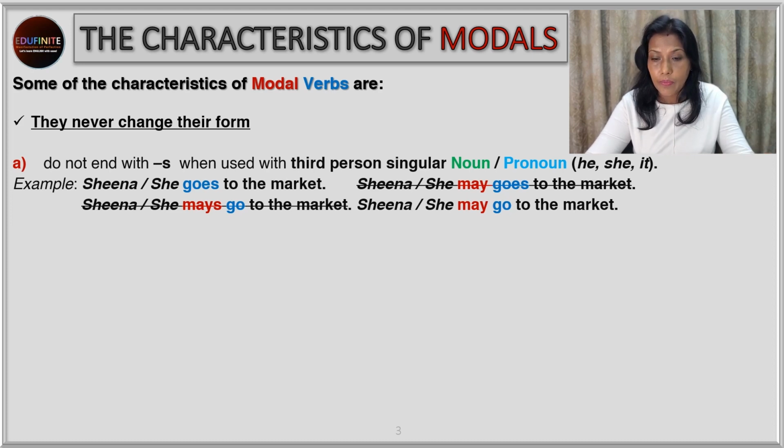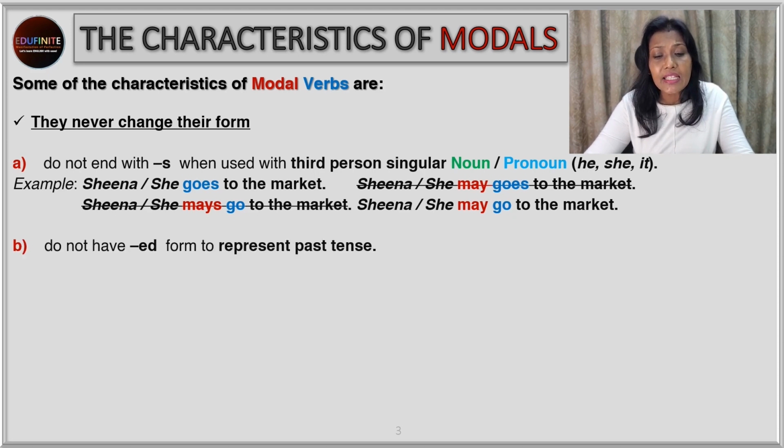That is also wrong. Well, the correct form is Sheena may go to the market or she may go to the market. So there is no S ending, whether it's the modal verb or the action verb after it. Hope it's clear.